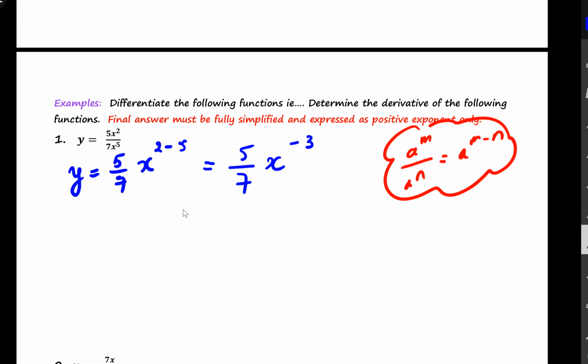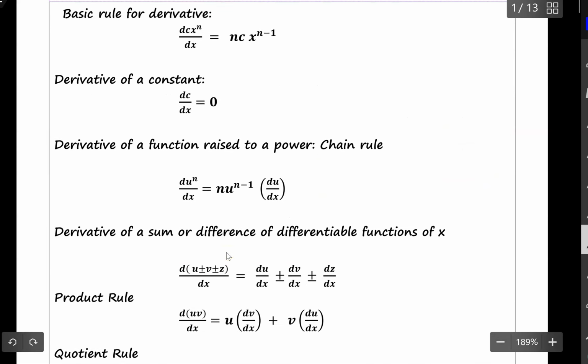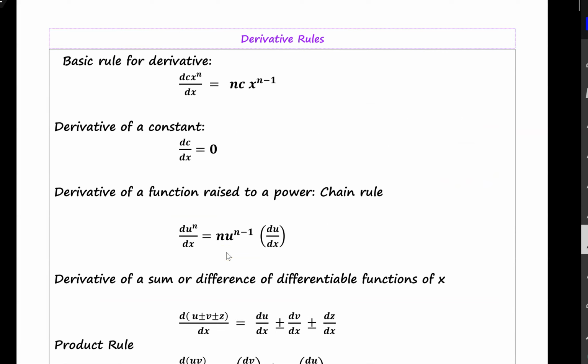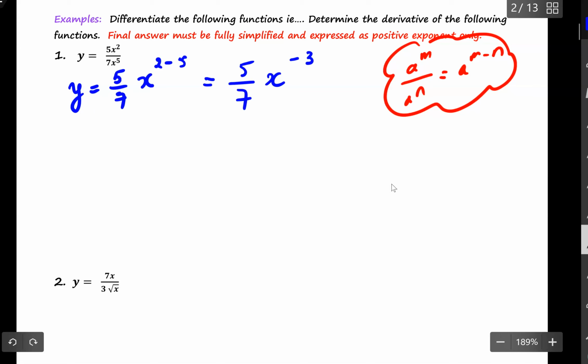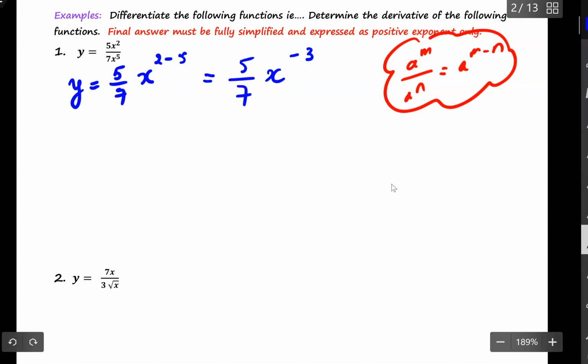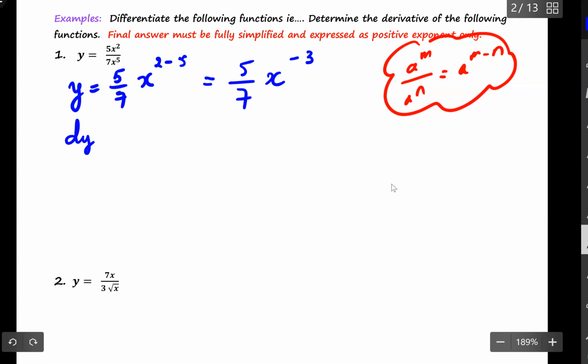Right? After you get this, you see what type of formula you want to use in this case. It's actually very simple. Now let's go back to the basic rule of derivative, where you take the exponent multiplied by the coefficient in front of x, and at the same time you take 1 away from the exponent. Because you start to differentiate, you write dy over dx.